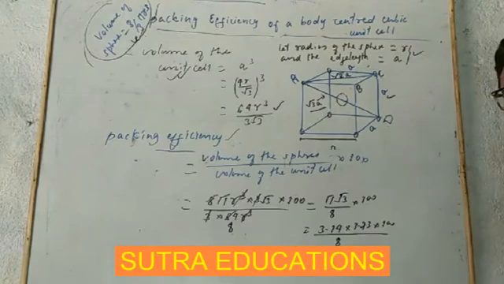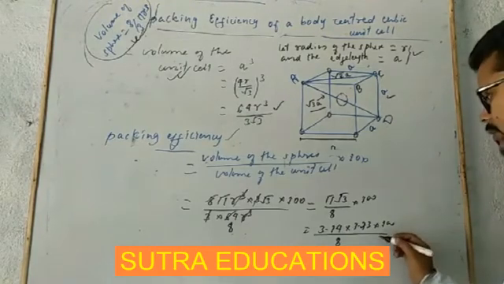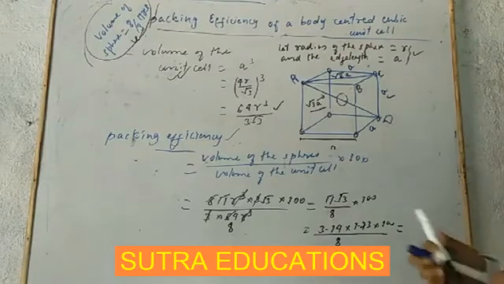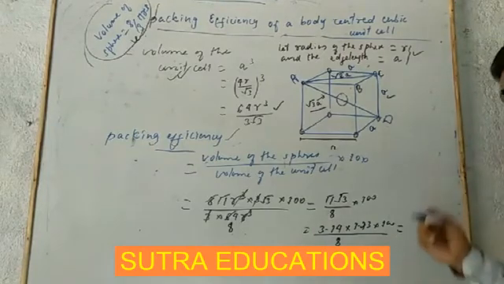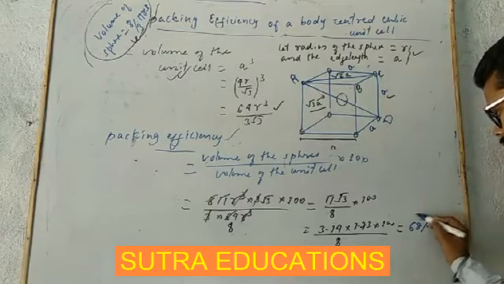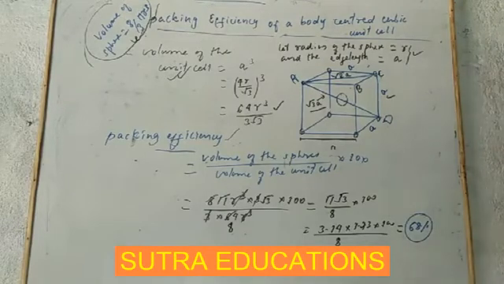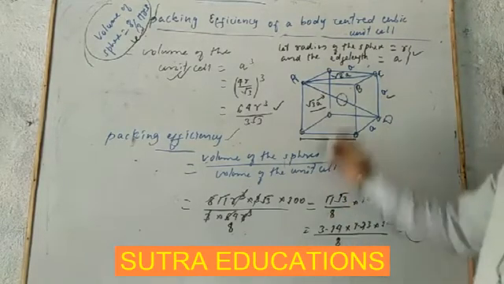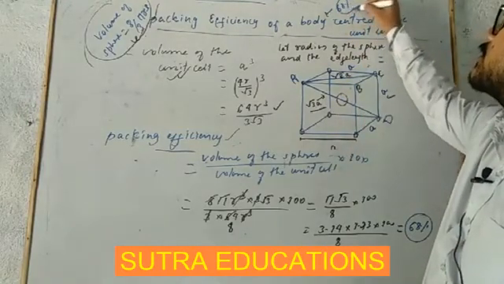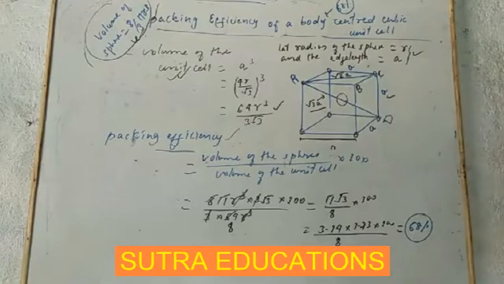Put these values and it will be equal to 68%. Okay, so packing efficiency in case of body centered cubic unit cell is 68%.